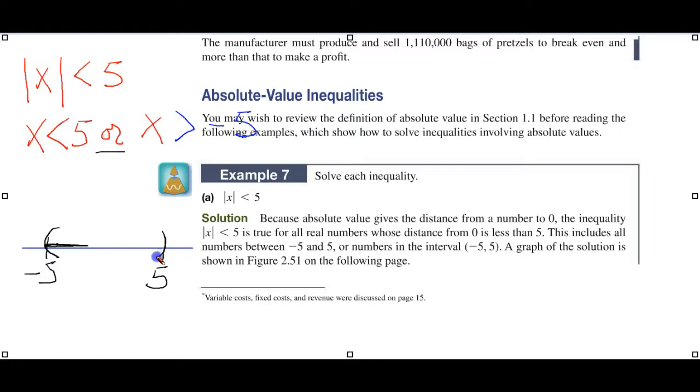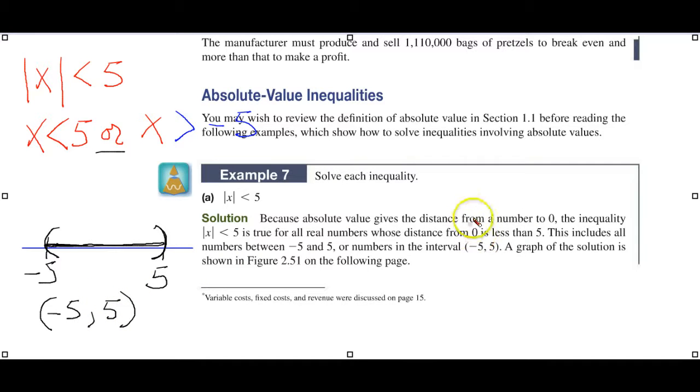We put a parenthesis this way, and our line then goes and fills in between. So there's our statement. This is the graph. Now how would we write that in interval notation? Well, right from the graph, negative 5, comma 5.